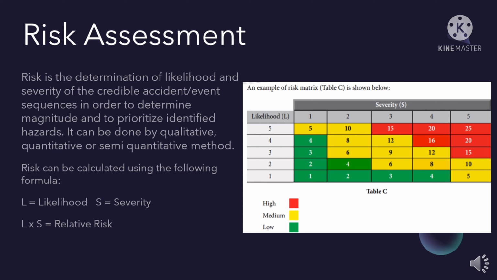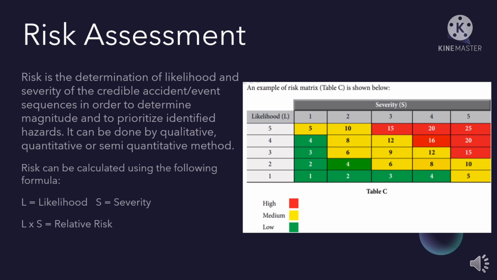The second step of the HIRARC method is risk assessment. Risk assessment is the determination of the likelihood and the severity of the credible accident or event sequences in order to determine the magnitude and to prioritize identified hazards.